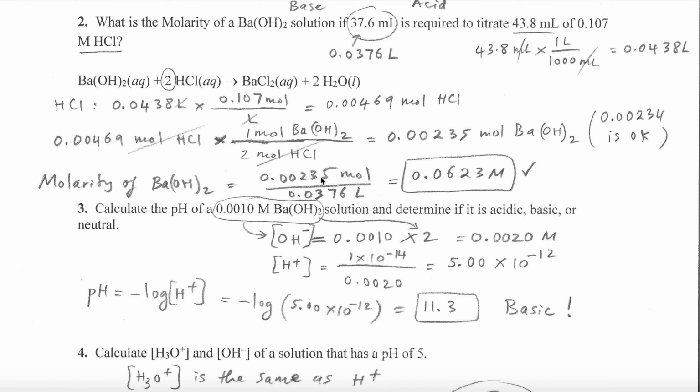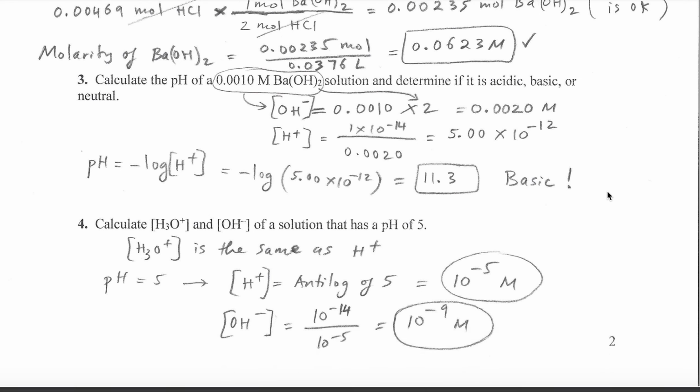When you divide, put it in your calculator, you should get 0.0623 mole per liter, which is capital M. Okay, so that's titrations. It's a very good way to find out the molarity of a base or an acid that we don't know the molarity, the concentration.